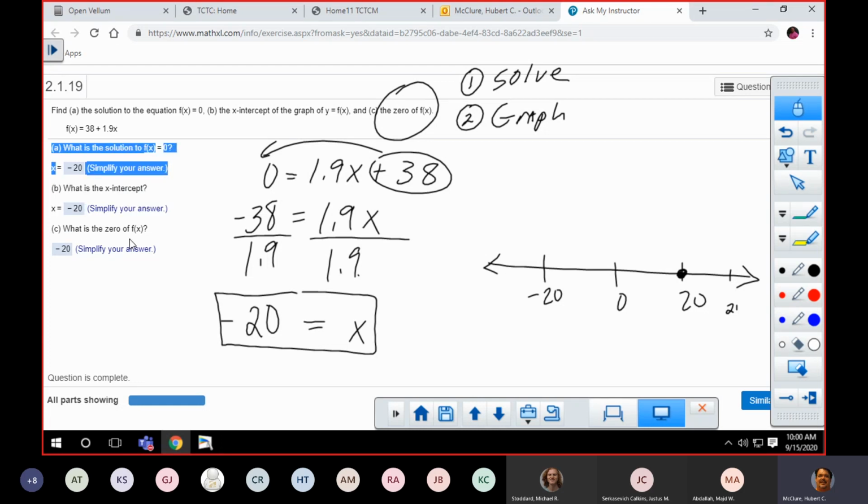But why do they call it the 0 of f of x? Saying when y is 0, what is x? That's called the X-intercept. That's what you learned back in Algebra 1. When you plug in 0 for y, you get the X-intercept. I guess I'm just overlooking it.